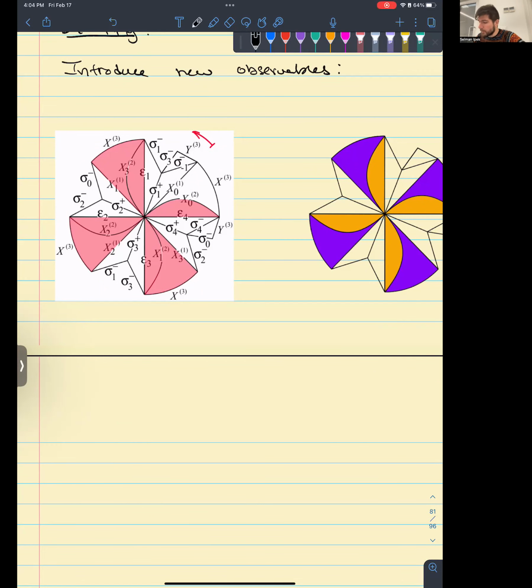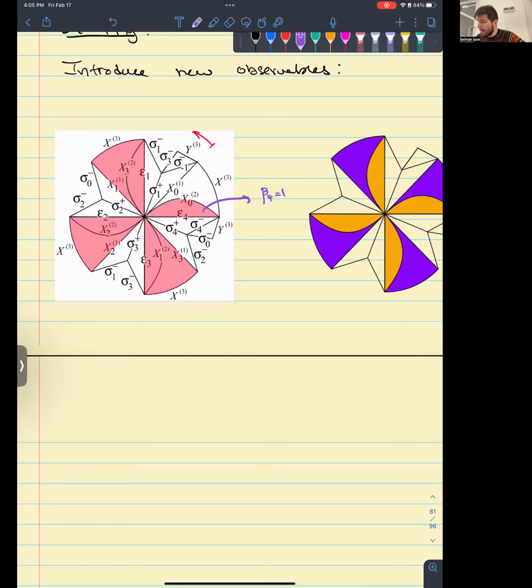And everywhere there's a pink, it means that there is a beta equal to 1. Beta, I guess this is the relative complex, beta psi equals 1 for this face. And you have an odd number of faces. So you, again, reproduce the contextuality proof.